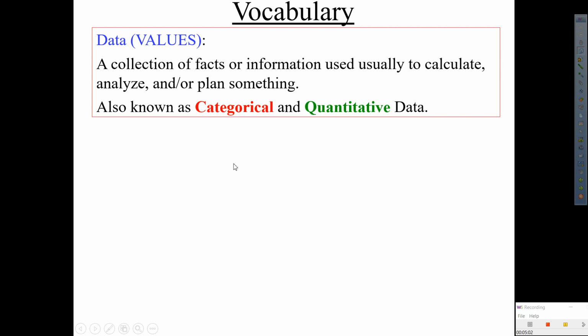All right, Angel said he's got it. Categorical, Angel. No numbers. Quantitative has numbers. That is correct.